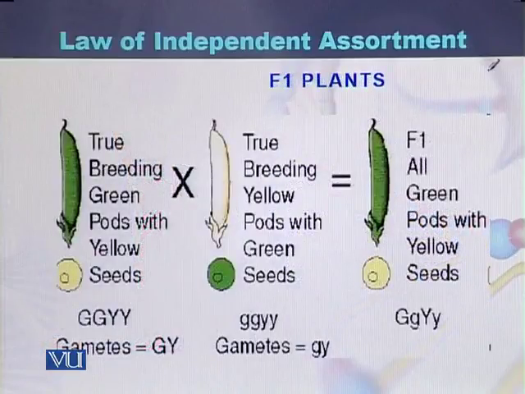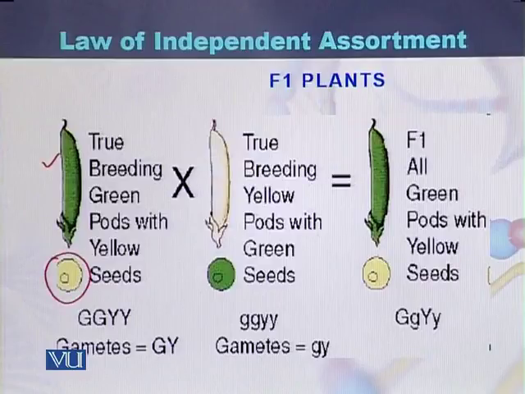Here we take the example that true breeding plants that have green pod color and yellow seed color, with the genotype of green pod and yellow seed being capital G and capital Y, were cross-pollinated with the plant which was producing a yellow pod color and seeds of green color.